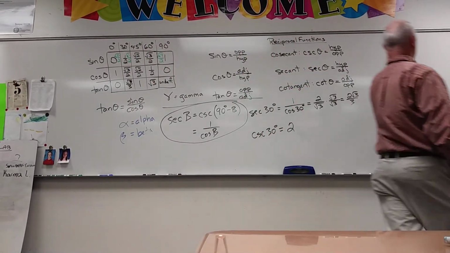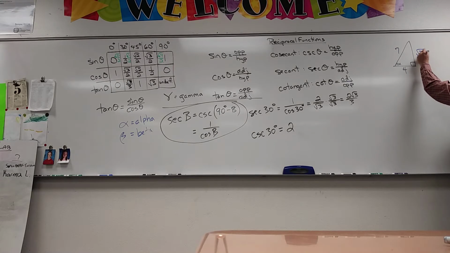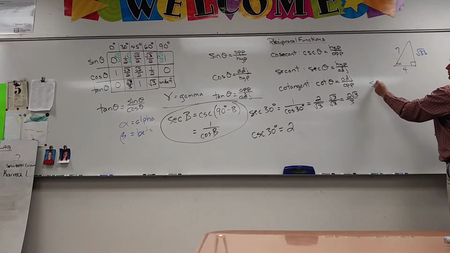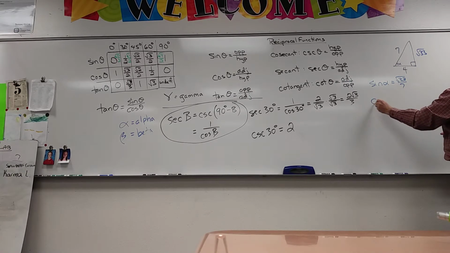Okay, what's this? Square root of 33 over 7, how'd you get it? Pythagorean theorem, you got it. So, the sine of alpha is square root of 33 over 7. The cosine of alpha is 4 over 7.